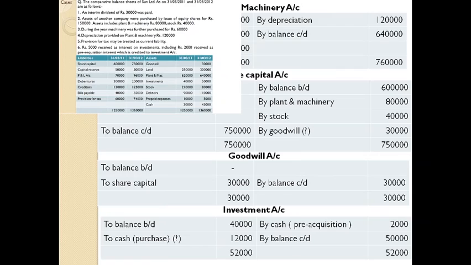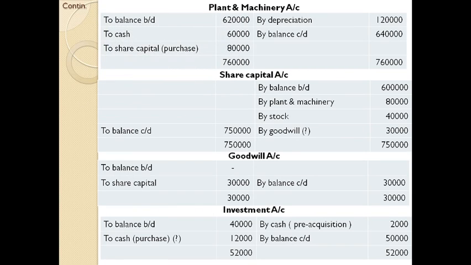So right now we have prepared almost all the non-current accounts depending upon the details given in the question. So once you have prepared the non-current accounts, next you have to prepare the fund from operation statement.